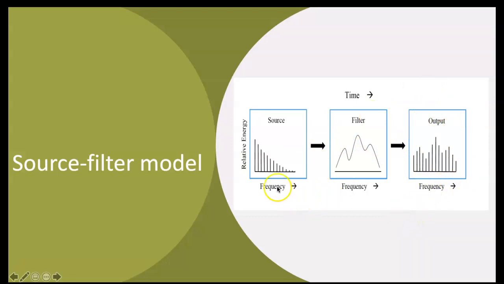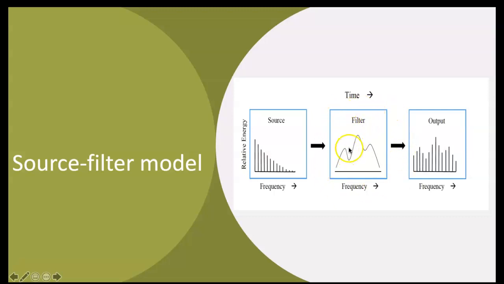So in this case, you have a source, which is a harmonic structure with this as the fundamental, and then X number of harmonics that decrease in intensity afterward. And then you have the filter. And this filter, this is a really important part here.